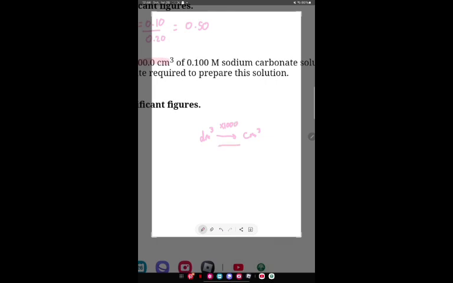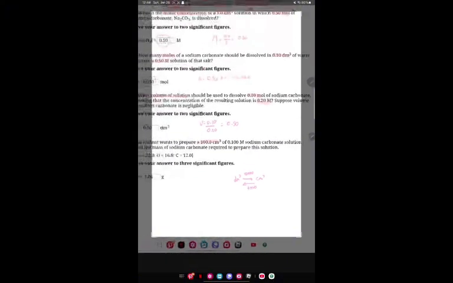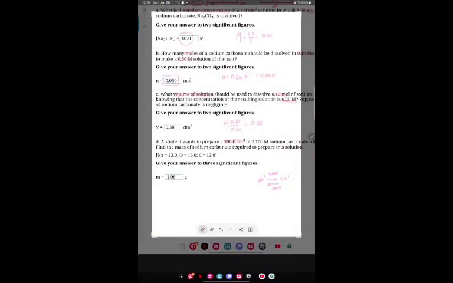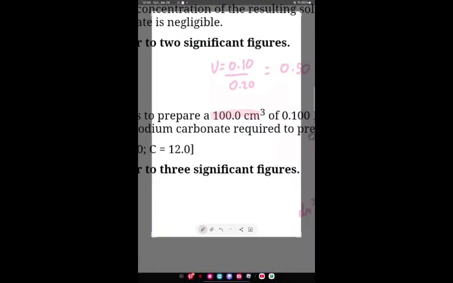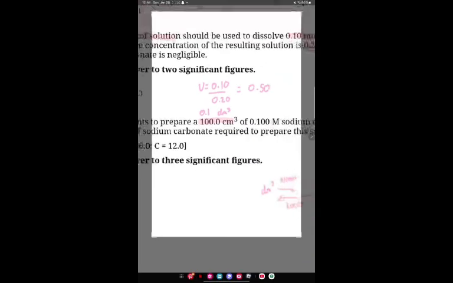And then obviously the opposite, you're going to divide by 1,000. So since you're switching from centimeters cubed to decimeters cubed, we're going to divide 100 by 1,000, so it's going to be 0.1 decimeters cubed. So that's the new one.